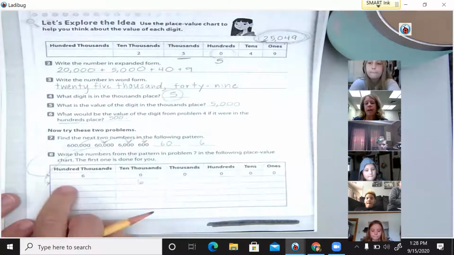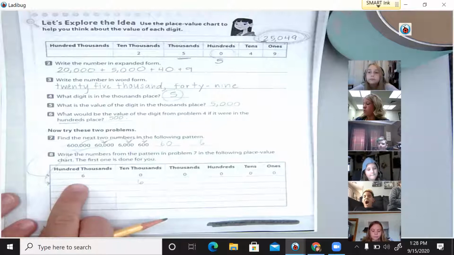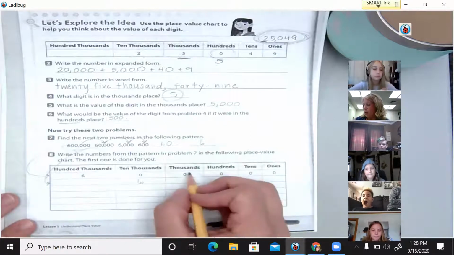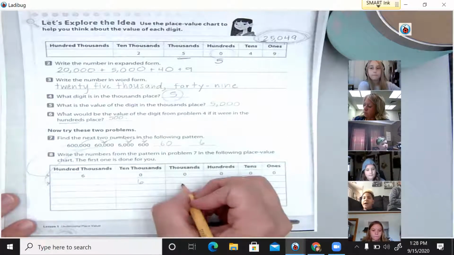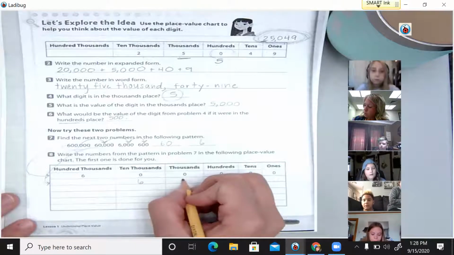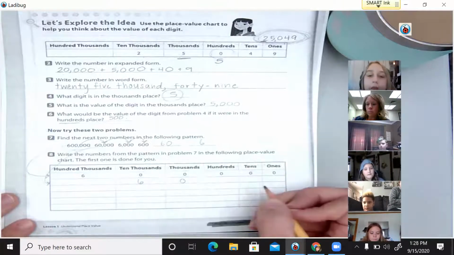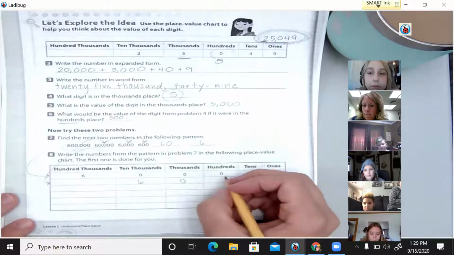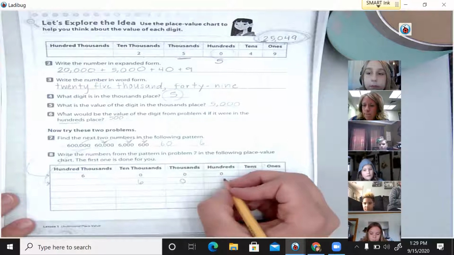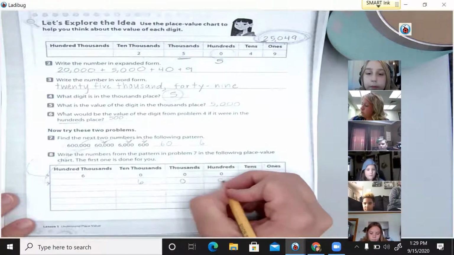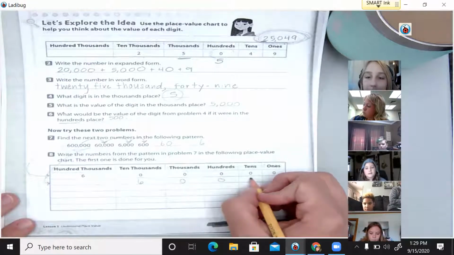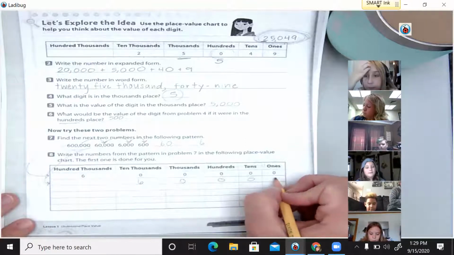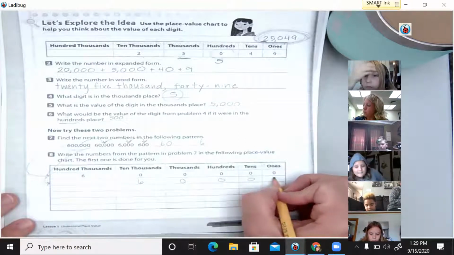So we're going to leave this blank because we don't have any 100,000s. So now, Olivia, how many thousands are in 60,000? 0. Hundreds? 0. Tens? 0. And ones? 0. Good.